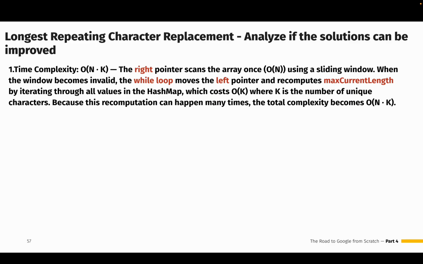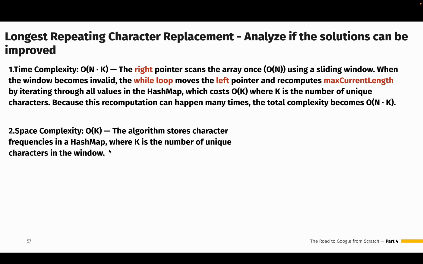Because this recomputing can happen many times, the total complexity becomes O(n) times k. Now let's check the space complexity. The space complexity is O(k). The algorithm stores character frequencies in a hash map where k is the number of unique characters in the window.